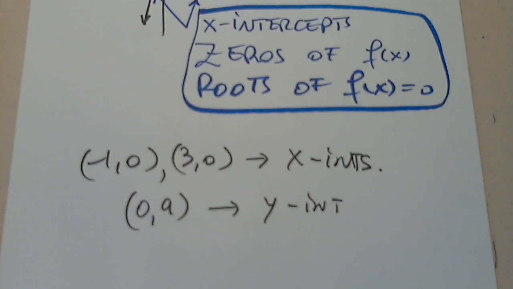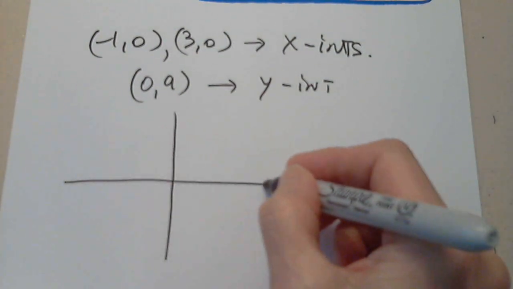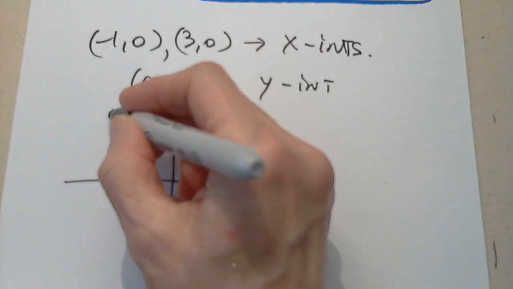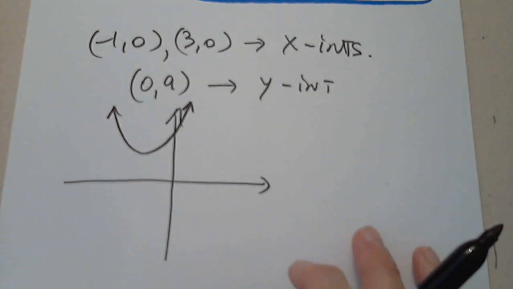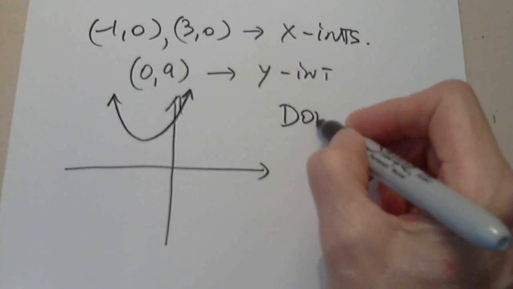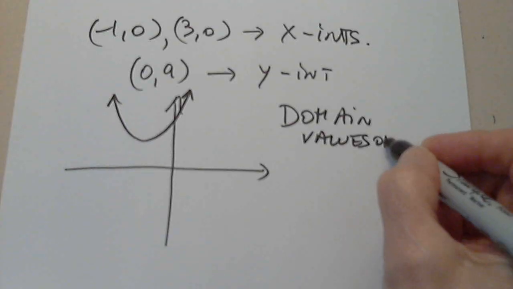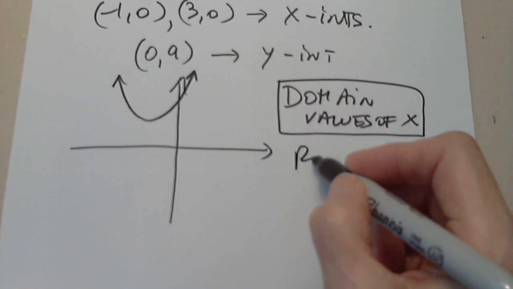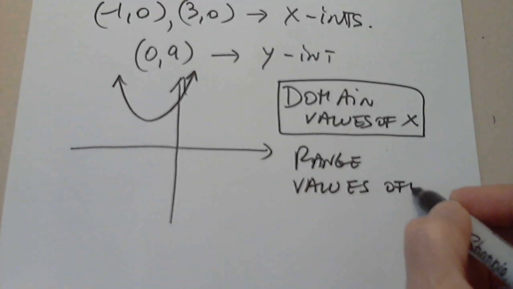I'm going to enlarge it as much as possible. So I'm going to mimic this graph on my paper, and then we'll come back to it. So here's the graph. They're asking us to find two things. Domain, which is values of x, and range, which is values of y.